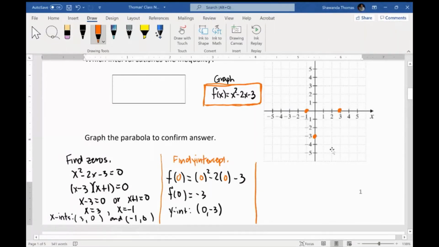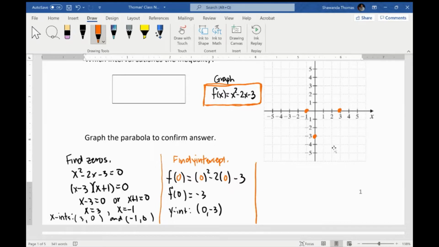Someone suggested a T-chart or table. That would be very good too. I must admit, I probably would have started with a T-table.